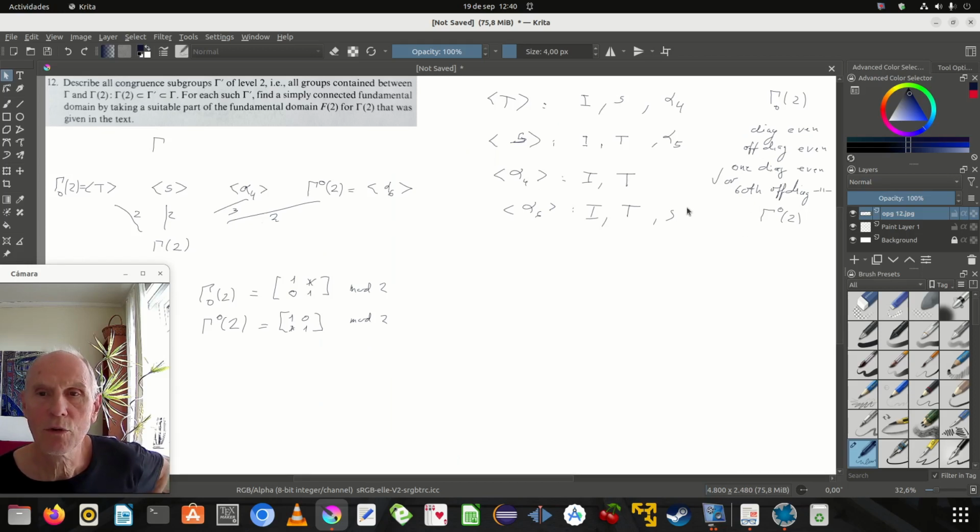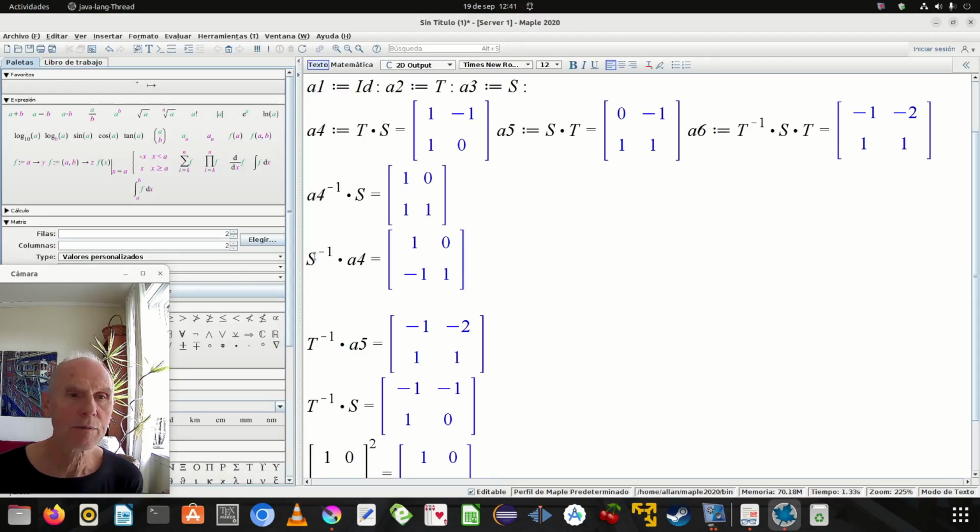And then this, of course, is gamma upper naught. Now alpha 4, so S to minus first, that is S alpha 4. We have that here.